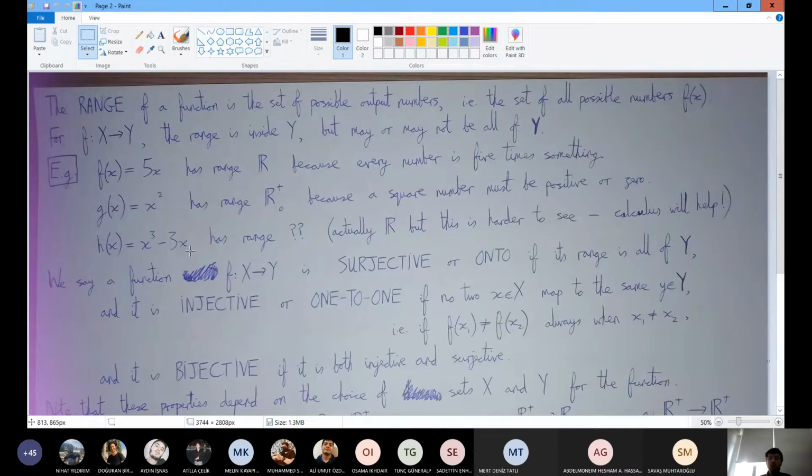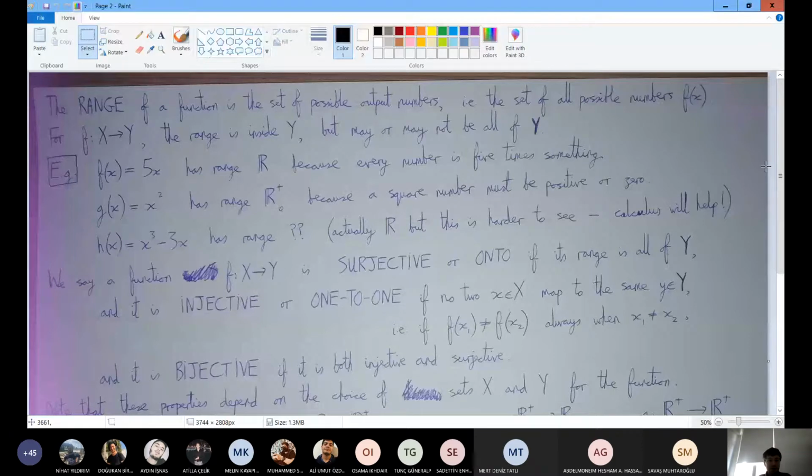But after we've learned some techniques of calculus, after we've learned about limits and differentiation and curve sketching and all these topics, then it will be easy to find out that the range of this function is R. So this is one of the places where calculus can help. If you're given a function, you can find these properties, find out what is the domain and the range using techniques of calculus.